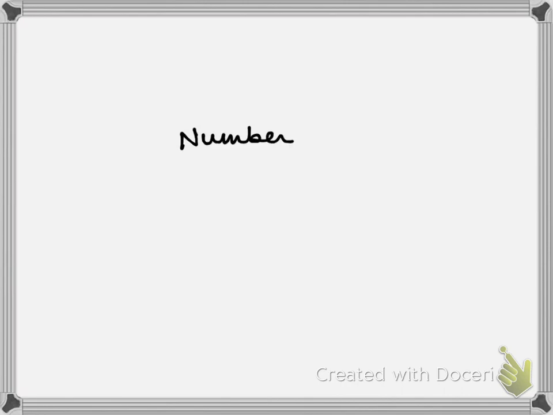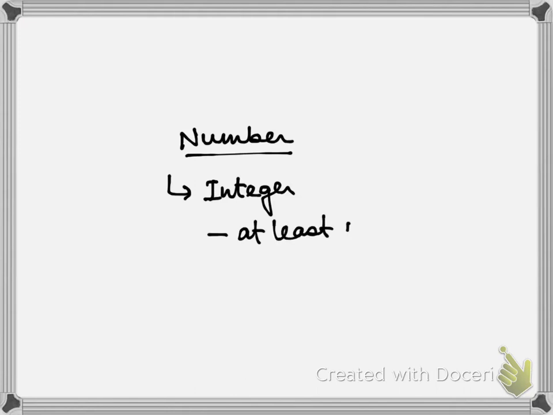Say I'm talking of integer numbers, whole numbers. It must have at least one digit, or it can have more than one digit. So we have to define the pattern. That is, in order to be a number, it must have at least one digit.